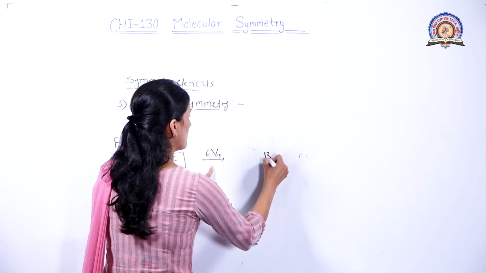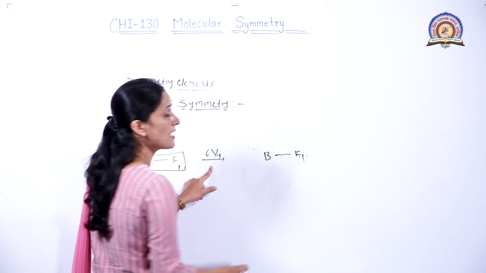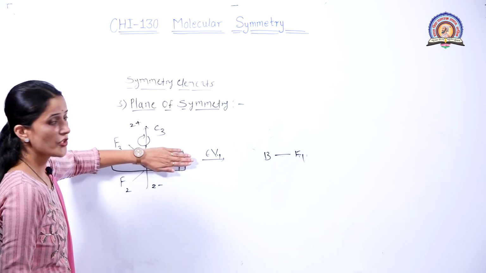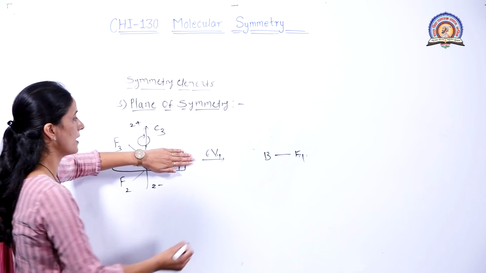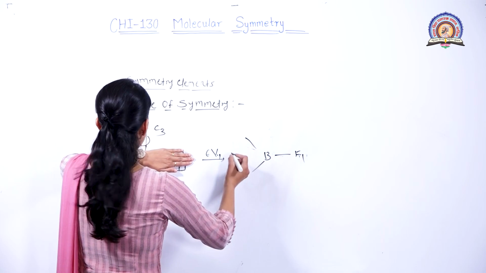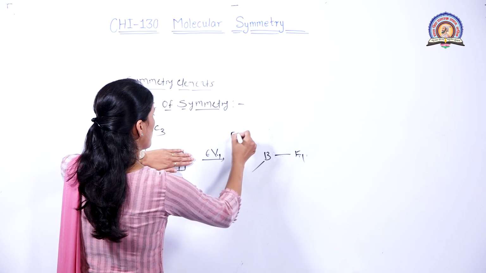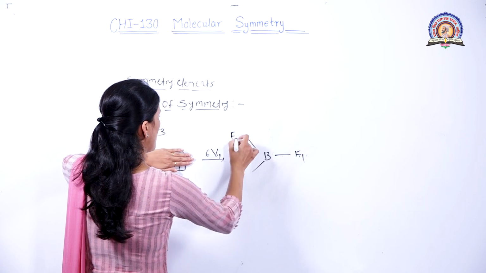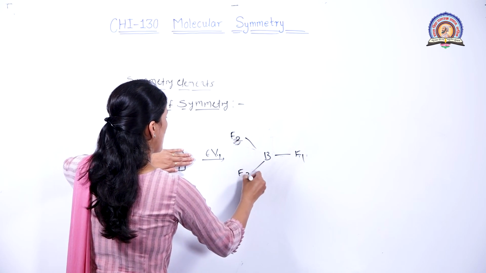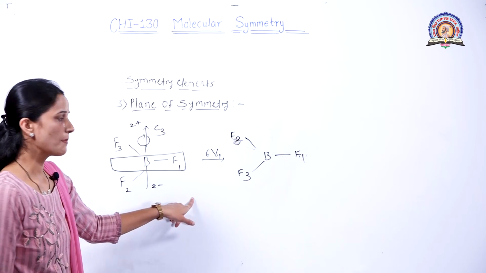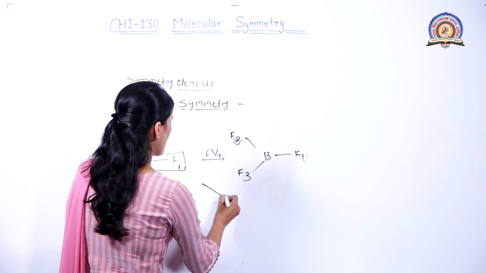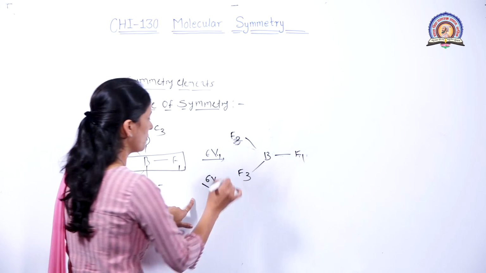So B and F1 remain as they are. There is no change with this sigma v1, only the positions of F3 and F2 will change. Here is F2 and here is F3. Okay, this is the sigma v1 operation. Next one is the sigma v2 operation.